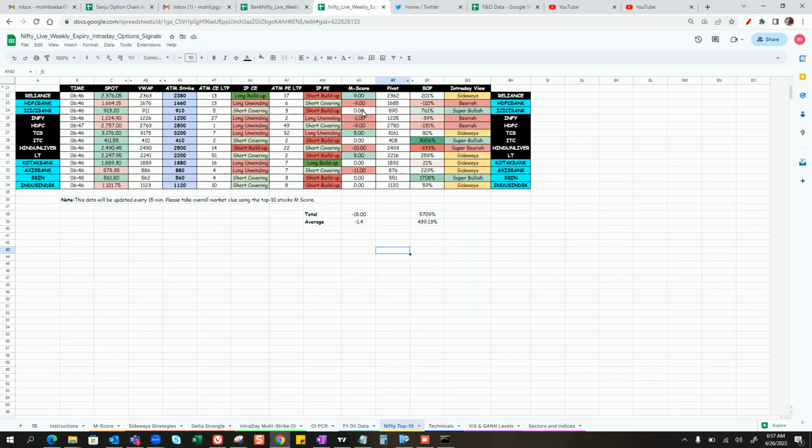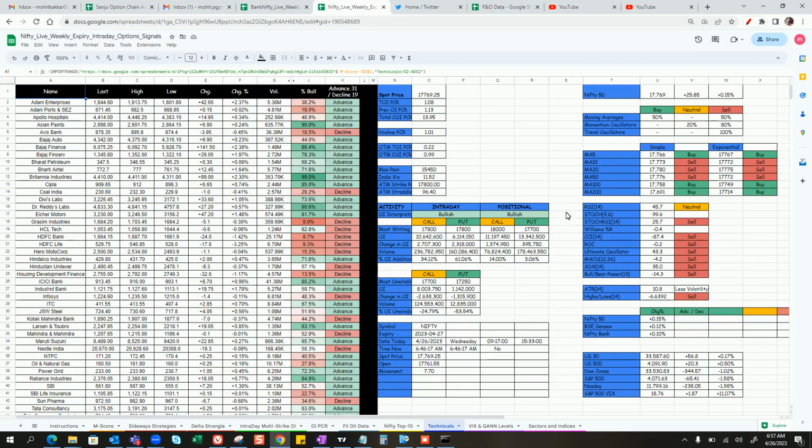If you keep seeing these data points, you can get a feeler of momentum and where the market is moving. This is all technical data points: which strike has maximum writing, where unwinding is happening, all moving averages. This is all technical stuff for those who are interested to dig deep into technicals.